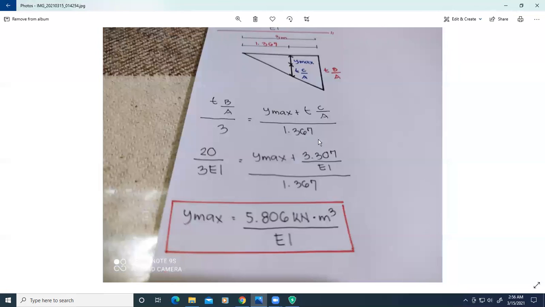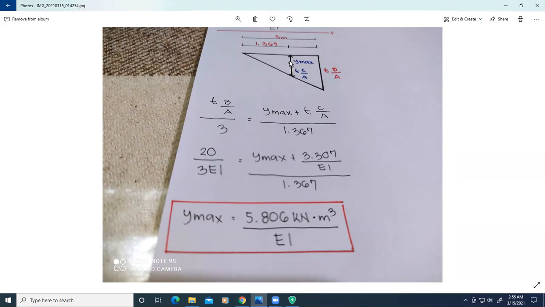Lastly, we can now solve for the maximum deflection. I drew here the triangle, what we drew in the beam, the triangle.